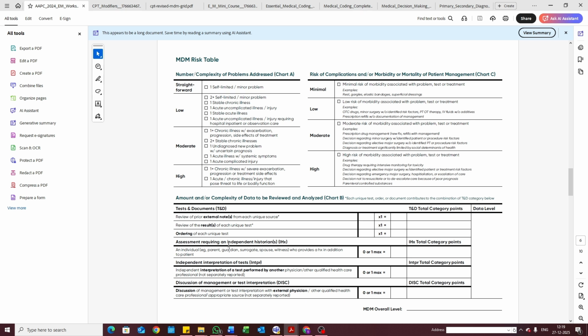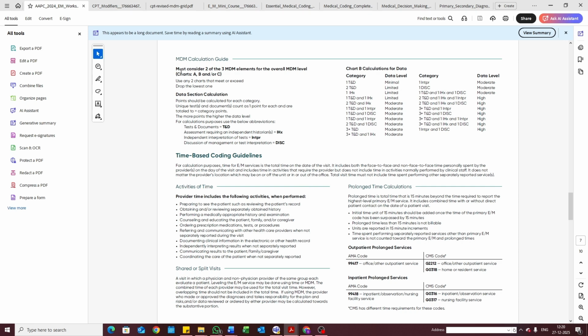So out of 3, 2 are moderate, so we are going to be moderate. This is simple. So yes, you must consider two of the three elements for the overall MDM level calculation.